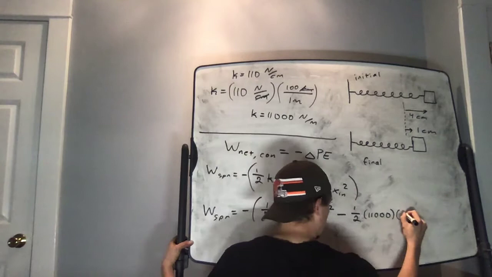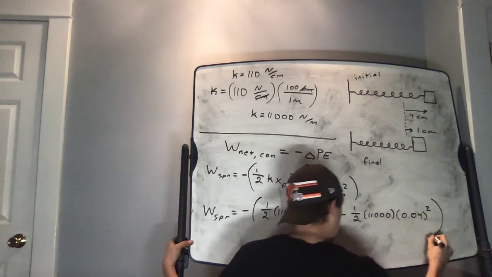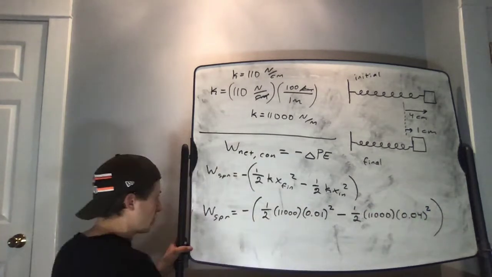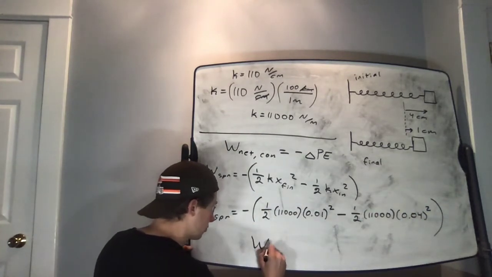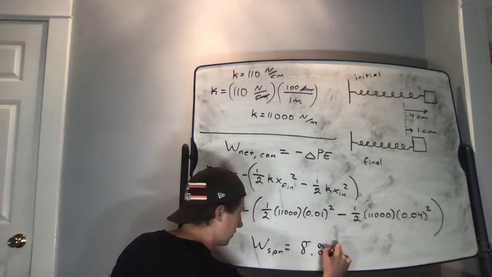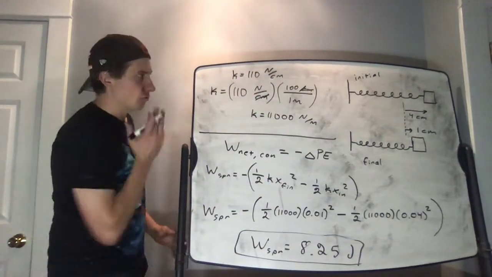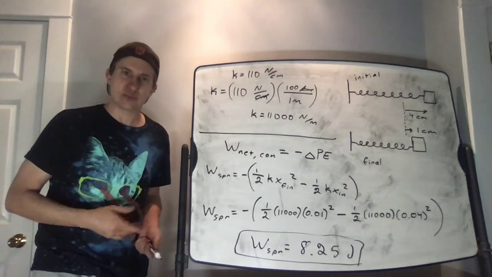X initial squared was 4 centimeters, 0.04 squared. And when I put this entire term in a calculator, I find the work done by the spring is 8.25 joules. So as we expected, we got a positive number for the work done on the object by the spring.